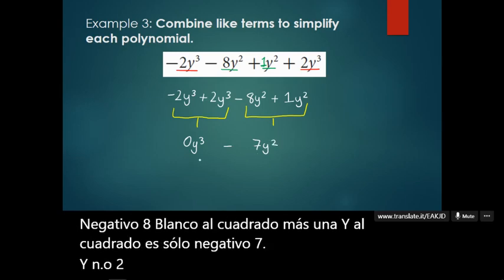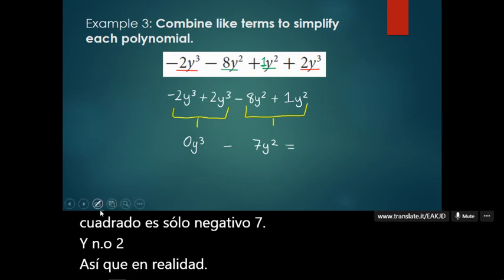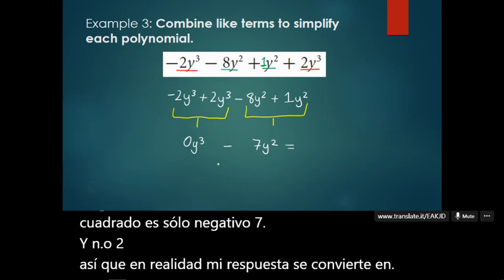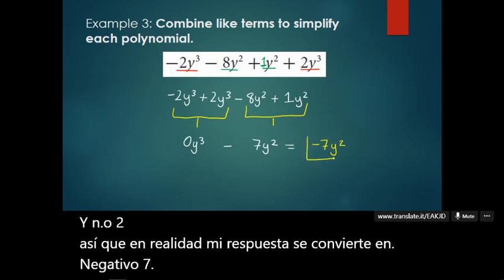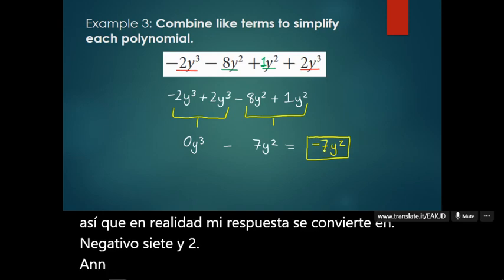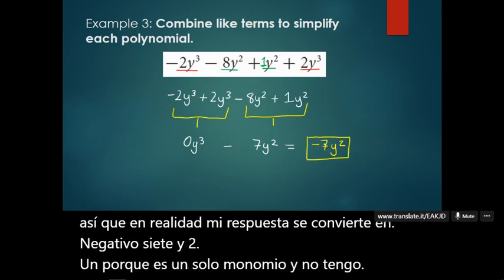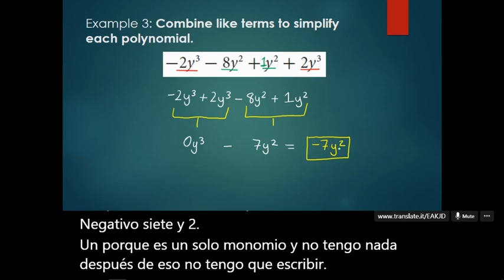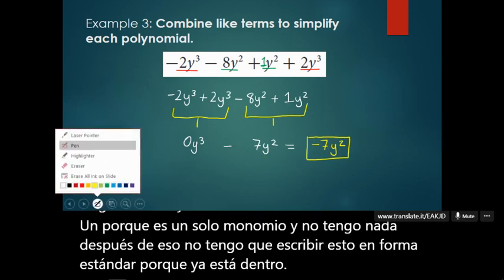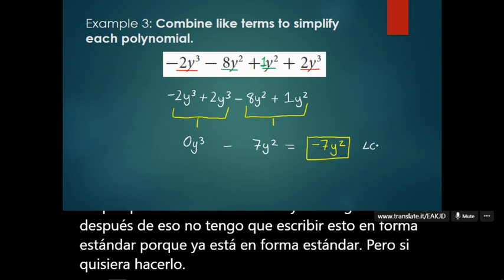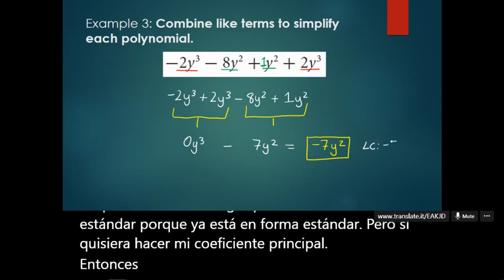So in reality, my answer just becomes negative 7y squared. Because it's a single monomial, I don't have to write this in standard form because it's already in standard form. But if I wanted my leading coefficient, that would be negative 7.